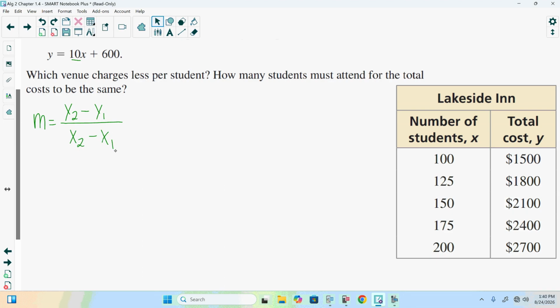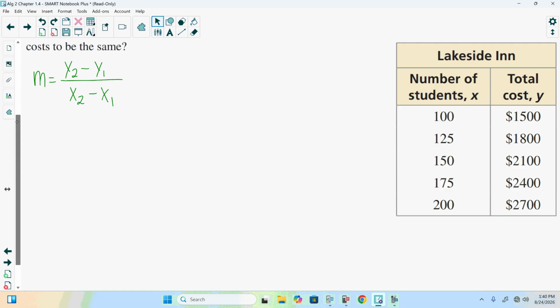What's our change in y over change in x, how much they're charging per student for Lakeside Inn? To do this, we need to pick 2 points, or 2 pieces of the given information from the table. Which y value can we choose first? 1,500.